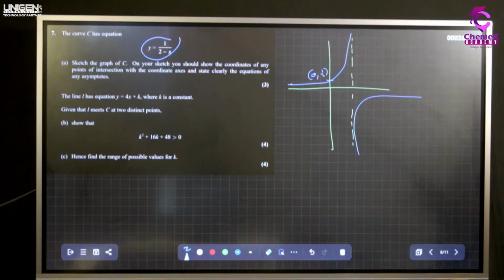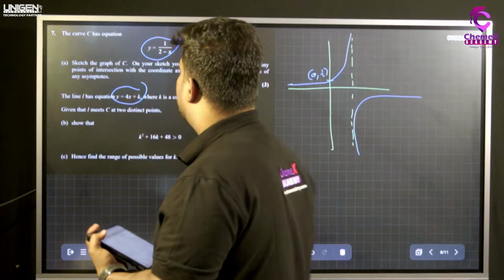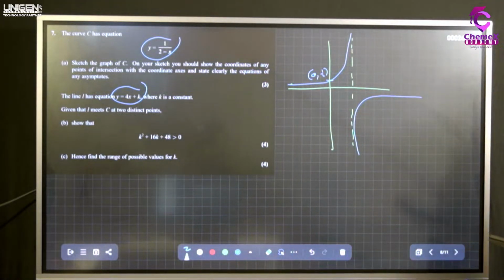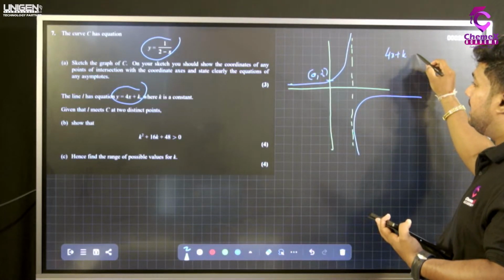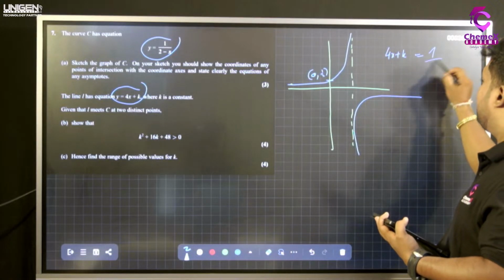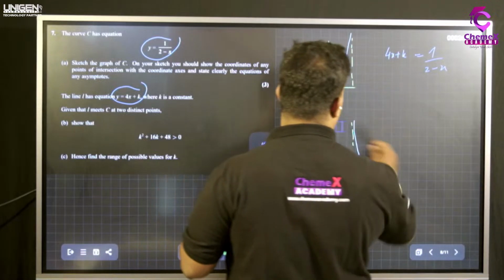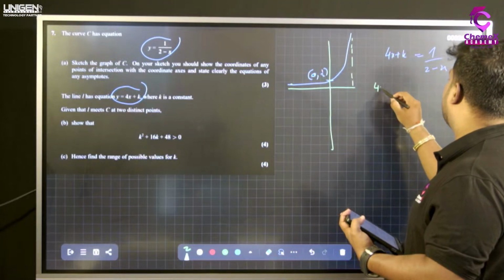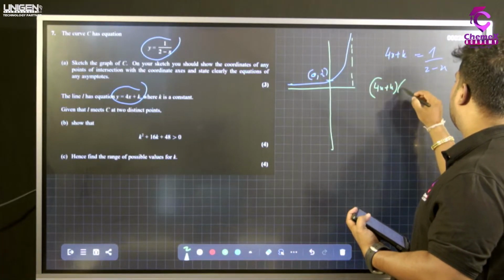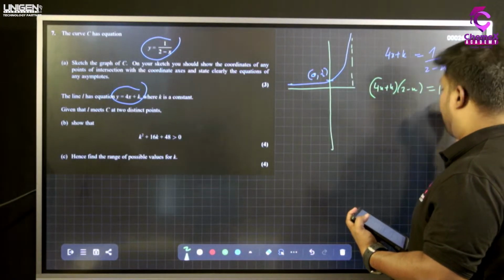Show that there are two distinct points where L1, y equals 4x plus k, crosses. So you have to show it. So how you can do is you can equate 4x plus k to what? 1 over 2 minus x. Then you simplify it. So if you simplify this, 4x plus k times 2 minus x equals 1.